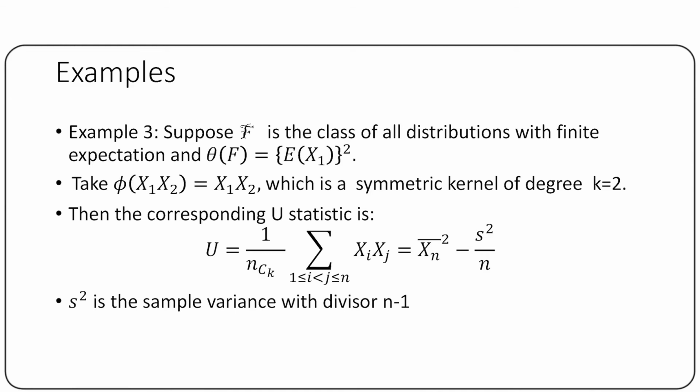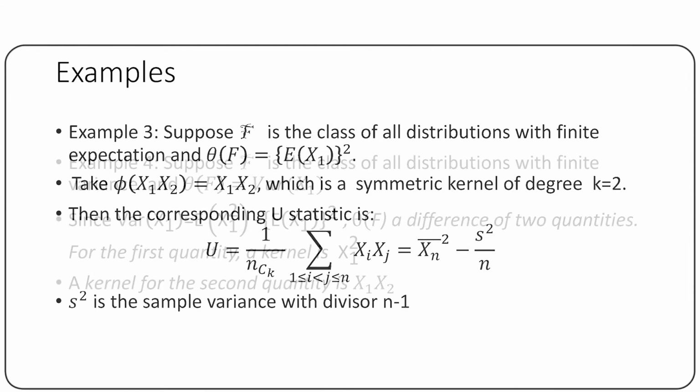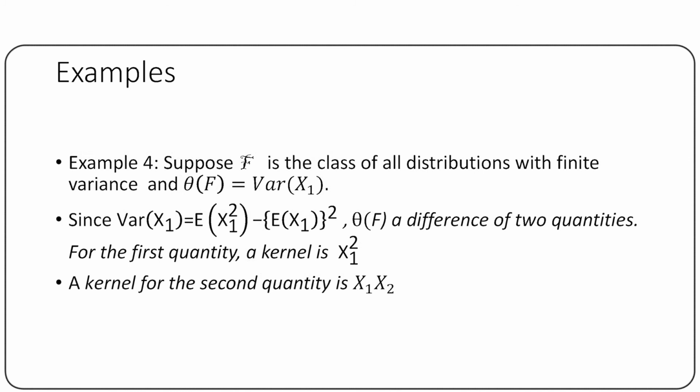So far, we have got symmetric kernels, but kernels can be asymmetric depending on the situation. Now, consider the following example. Suppose script f is a class of distributions with finite second order moment, and the functional of interest is the variance of x1.